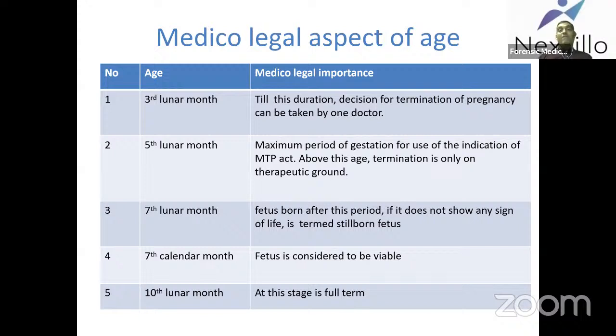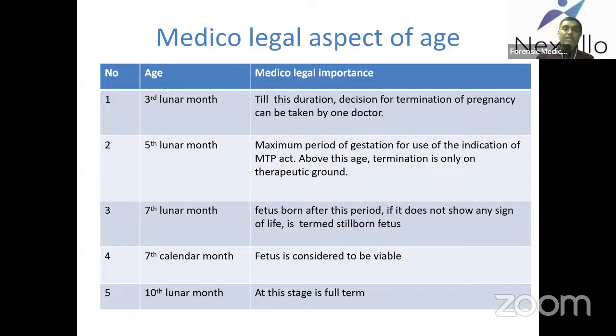Fifth lunar month: the maximum period of gestation for the indications of the MTP Act, and above this age, termination is only therapeutic. That's why, students, whenever we are suspecting this, we have to confirm it with the radiograms, and we have to submit it in the court of law that this was the third lunar month or fifth lunar month or any other.